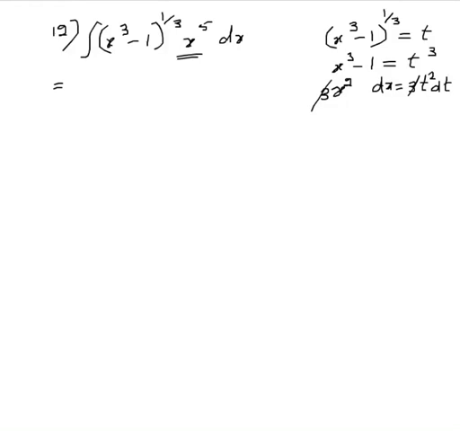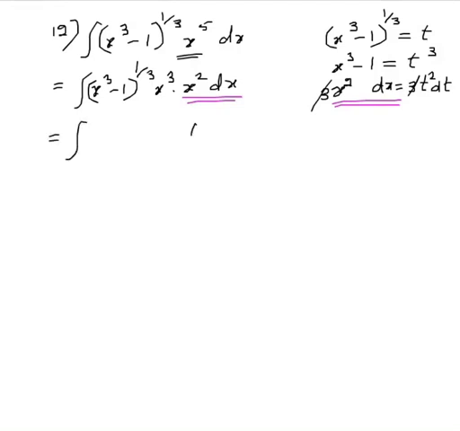We can split this x⁵ as x³ into x², so that we can substitute for x² dx. This x² dx is t² dt, and this term becomes t. For x³ we can substitute from this. x³ is t³ + 1.